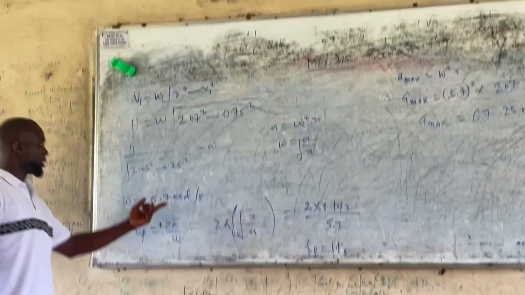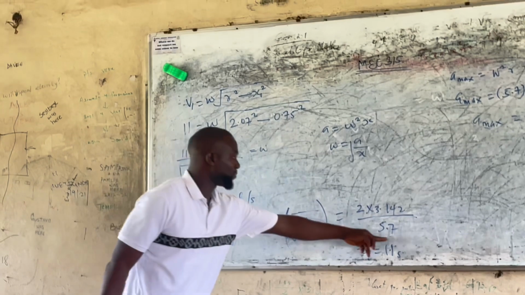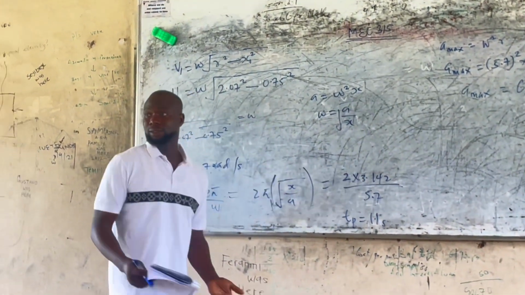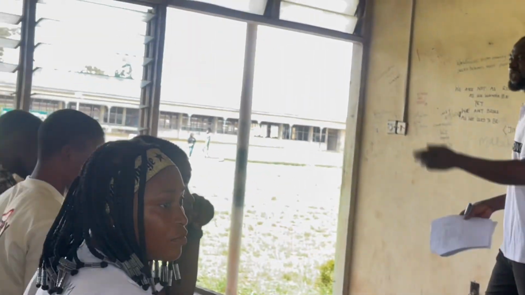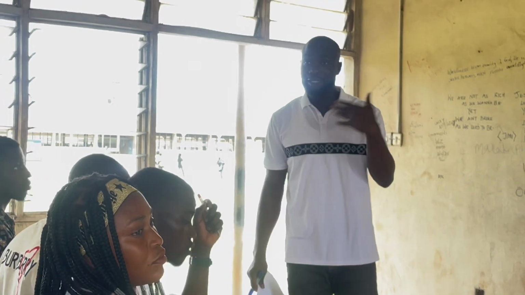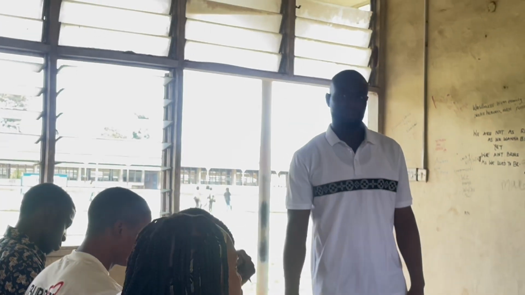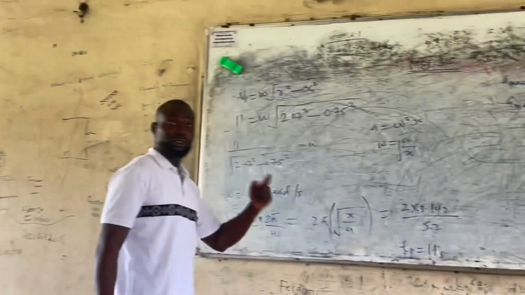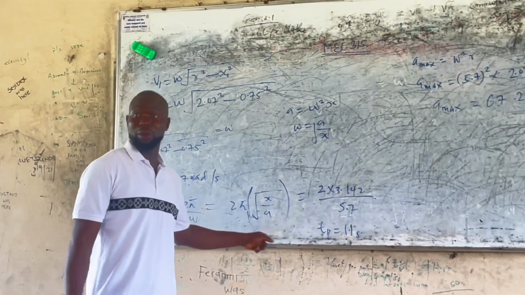The W is 5.7, this is 2, this is pi. I just want to put it there so that you will not forget. When you continue to see something, you will know it, because there will be a time that you will not have something like this to put directly, so that your brain will tell you to put it this way.